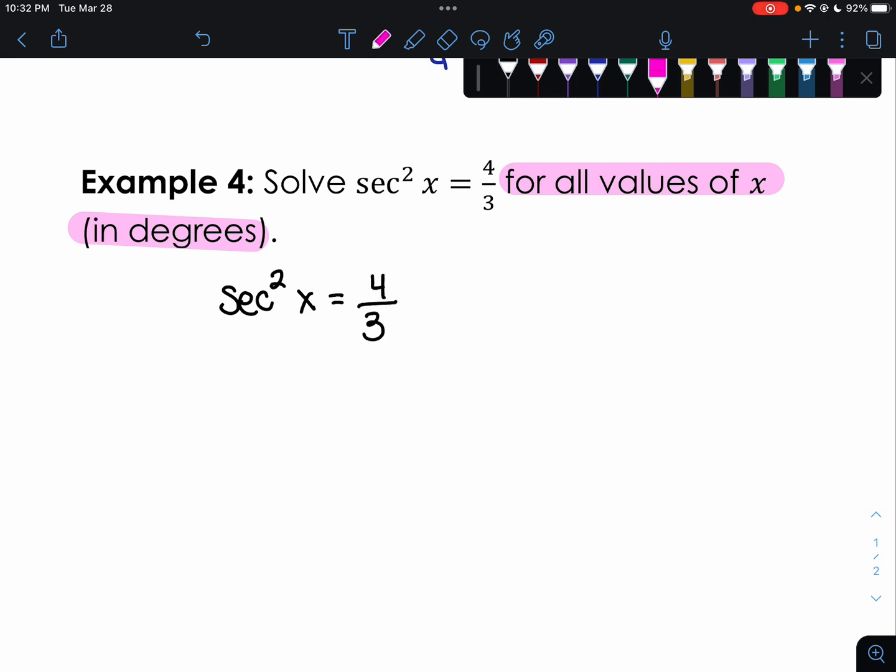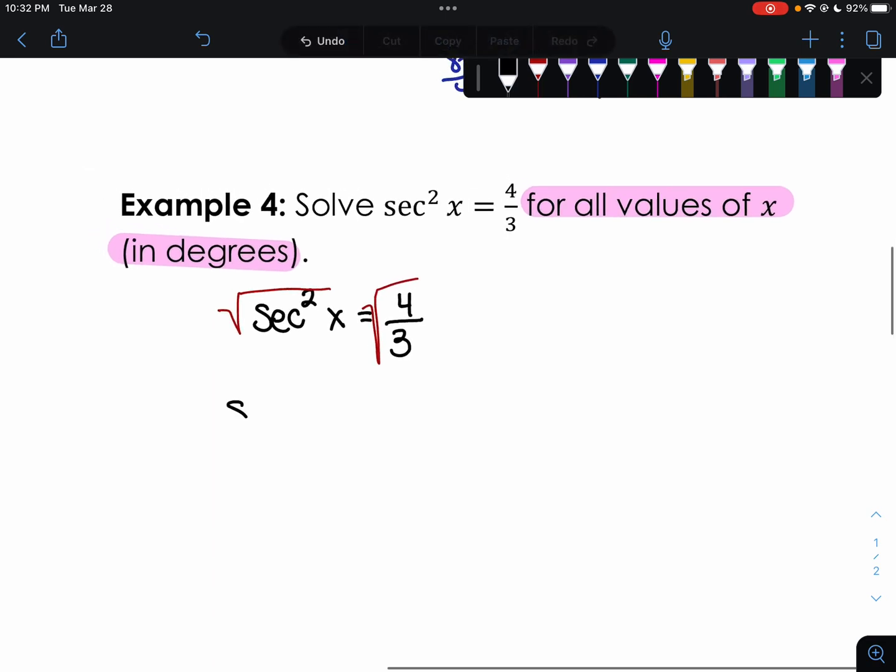So we get secant squared x equals 4/3. I noticed that my trig function is already isolated, but it is being squared. Therefore I can take the square root of both sides. When I take the square root of secant squared, I just get secant x.